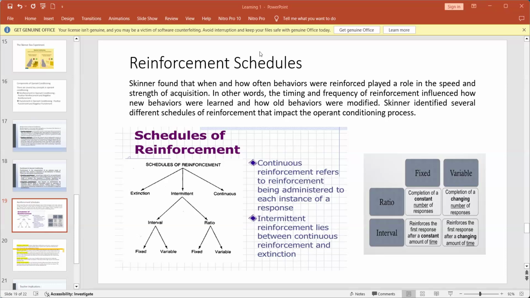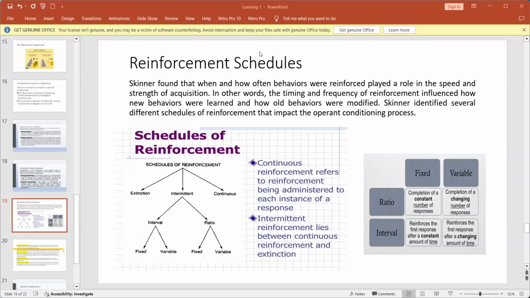If it is ratio, it's the number of books that they read. If it is fixed, you tell them, for the 10th book you read, you are entitled to a ribbon. Then for another 10 books, the 20th book that you read, you are entitled to a ribbon. That is fixed ratio. With a variable ratio, you don't specify.